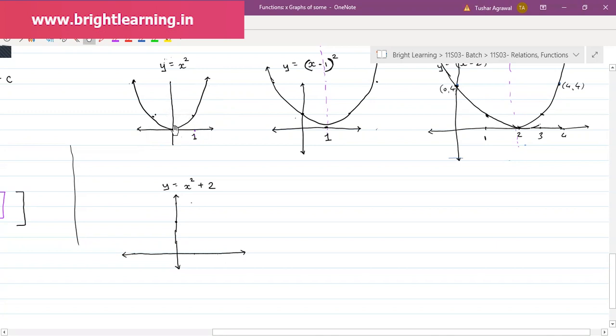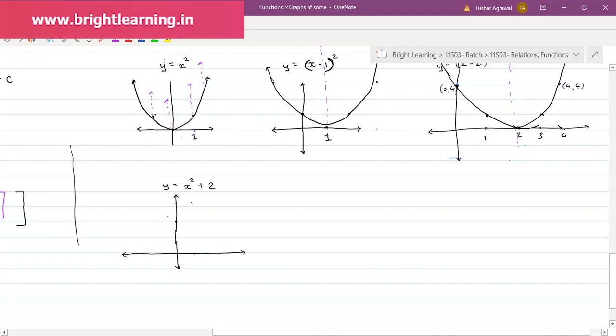So the new image for the original 0 plus 2 will shift 2 units upward. For x equal to 1, the original y will shift 2 units upwards. For x equal to 2, the same. For x equal to minus 1, the same.